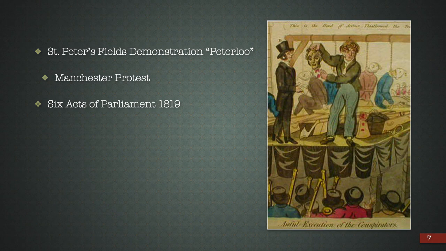Really, these were extreme. If you were printing libelous materials, basically, if you're printing protest materials, you could get up to 14 years transportation. They would send you to Australia, basically. And this one actually wasn't enforced that regularly because it was such an affront to free speech.